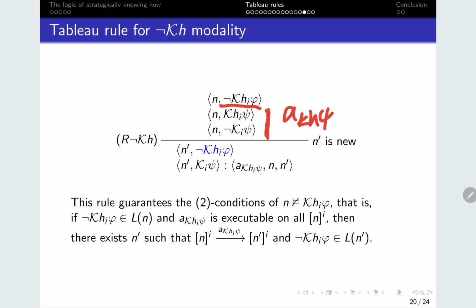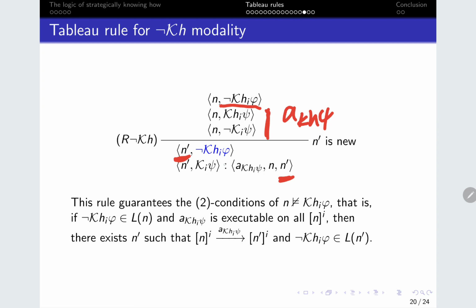So if these two terms occur together with the negation know-how phi, we will generate a new successor N prime, and on this successor, the not know-how phi is true.